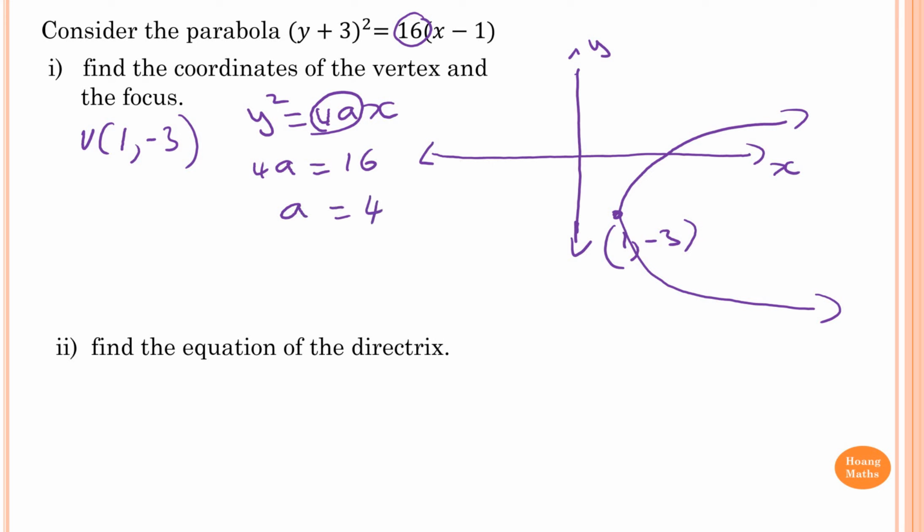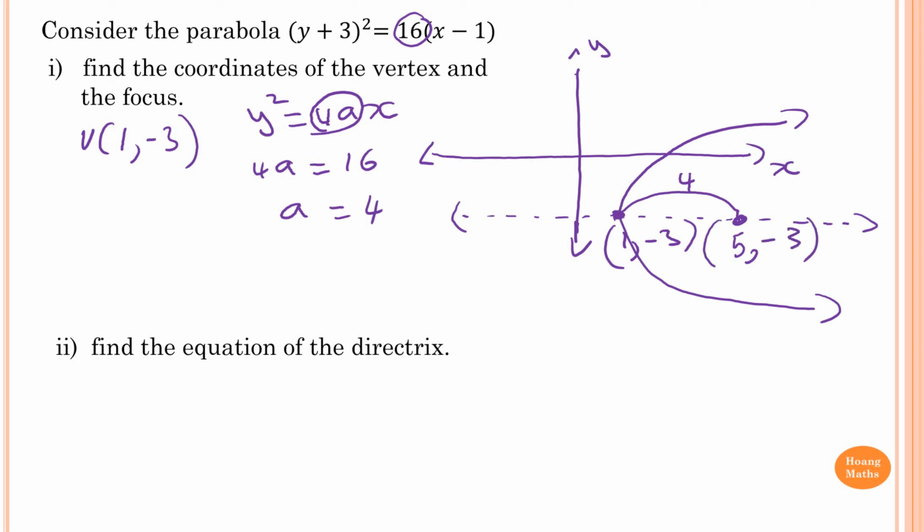This means from the vertex, I just draw the axis of symmetry first. Now I go from 1, because it's the x value, and go 4 units to the right. From 1 to 4 is 5. So this is the focus point, (5, -3).